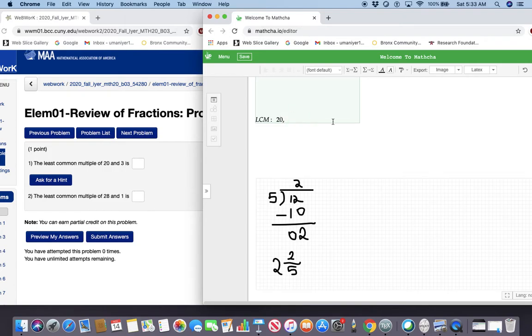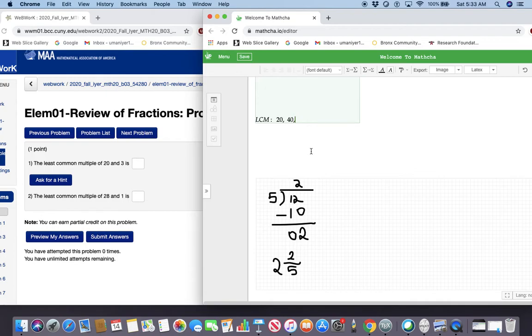So I will now take 20 plus 20, that's 40. In other words, I'm looking at multiples of 20. Now 40: does 20 divide 40 evenly? Yes, 20 times 2 is 40. Does 3 divide 40 evenly?